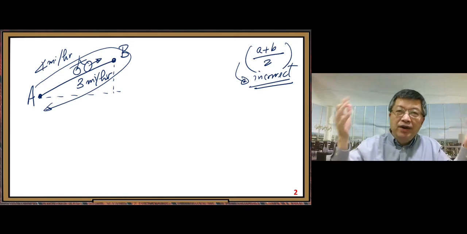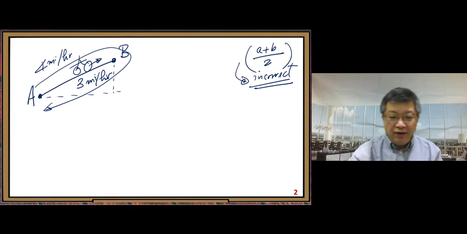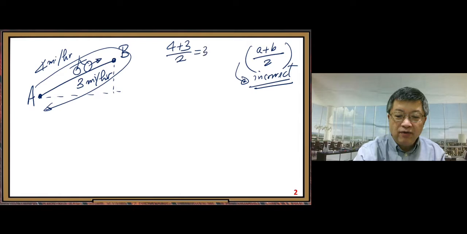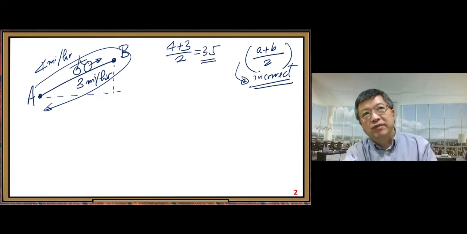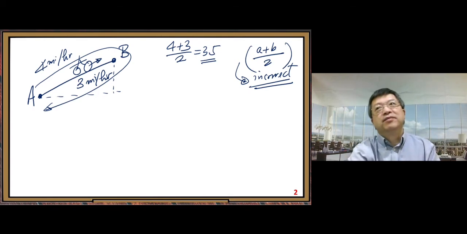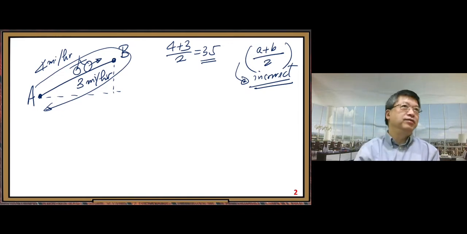Based on our everyday life experience, how many of you feel the average speed is 4 plus 3 divided by 2 equals 3.5? How many of you would give me that answer the first time if you had not watched this video before?